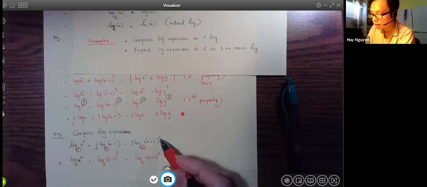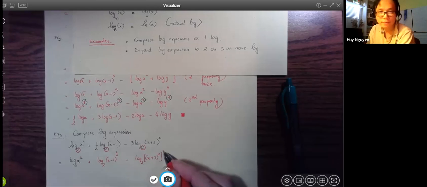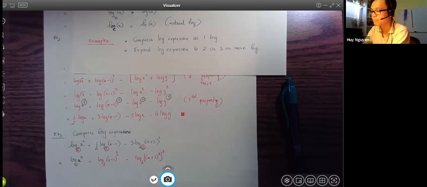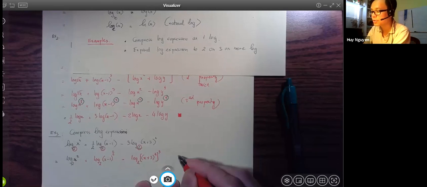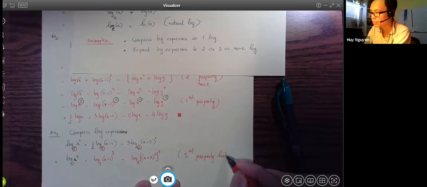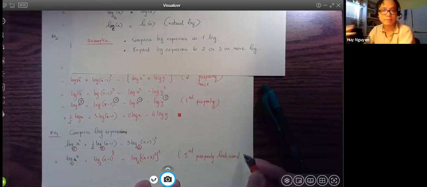Raise everything to the third power. So I'm going to put the property right here: using third property, backward, because you have to go backward.